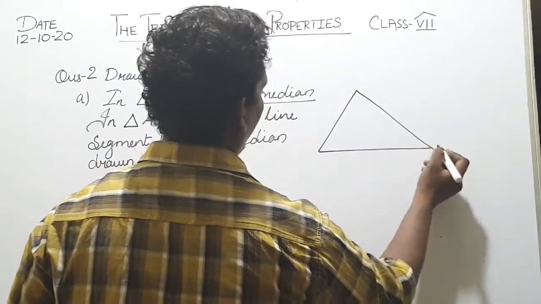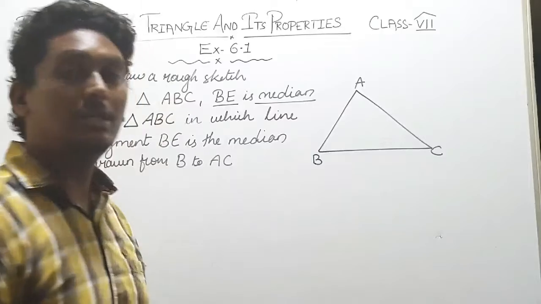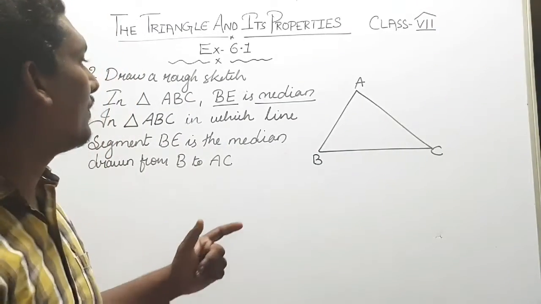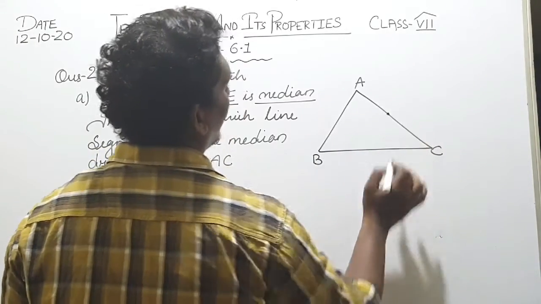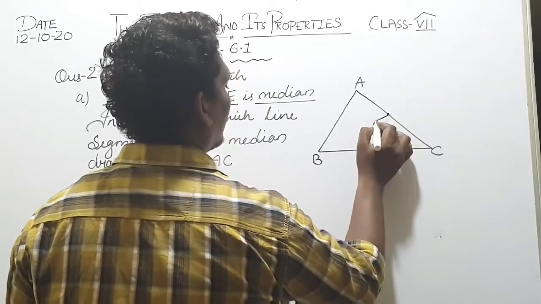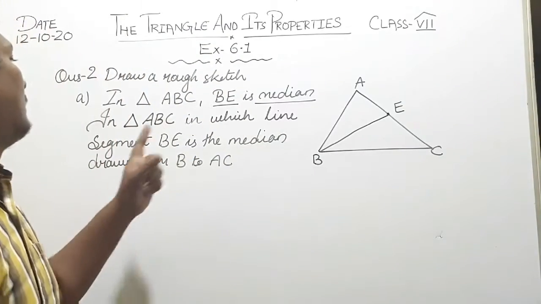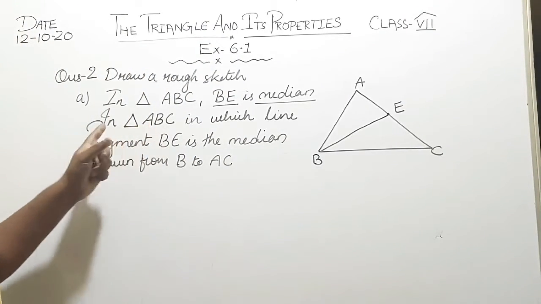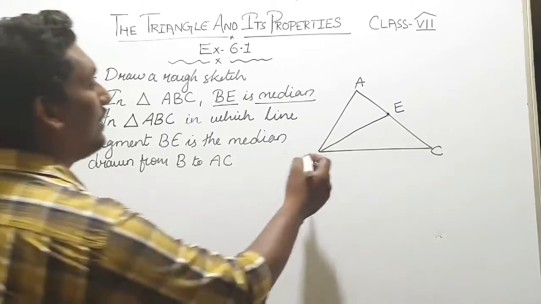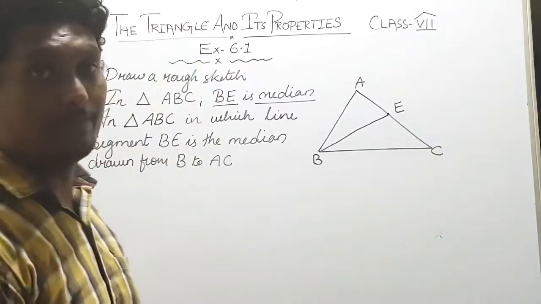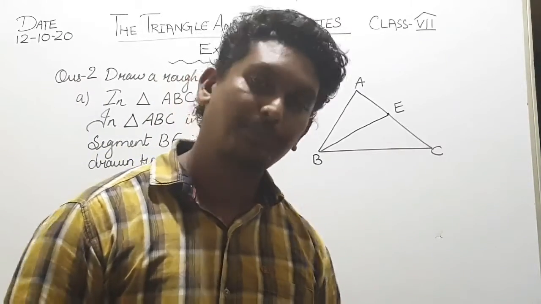It's a triangle, A, B, C. We have to draw BE as a median, the midpoint of this. It will be coming somewhere here. So BE is the median. Just write this one: in triangle ABC, line segment BE is the median drawn from B to AC. Try to draw each and every figure with pencil, not with pen. Just go through it.